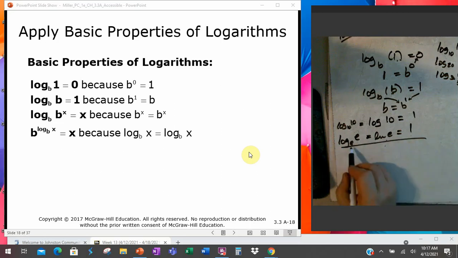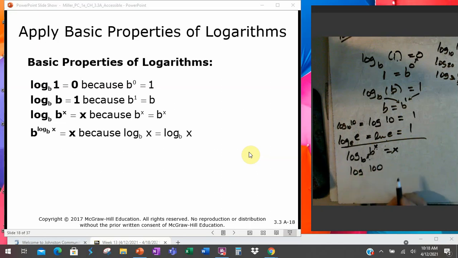This is one that we saw a while ago. If I'm taking the log base b of b to the x, it's already represented as a power of b, so what is that? It's just x. For example, I started out wanting to know what the log of 100 was.